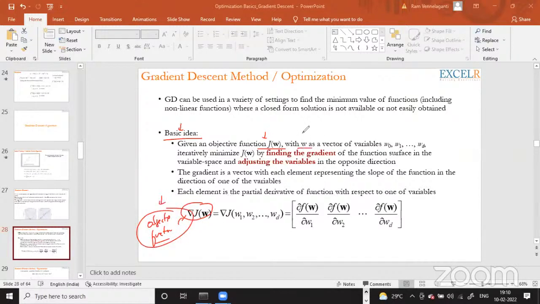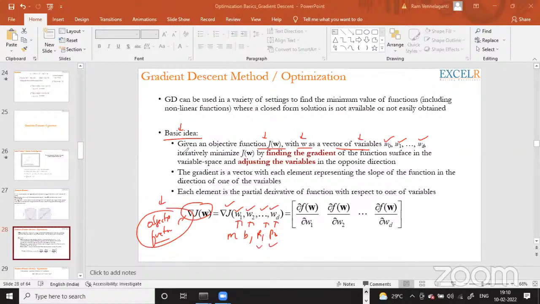This objective function W is a vector of multiple variables. It can be your slope, your intercept, and you can have different coefficients in your equation.